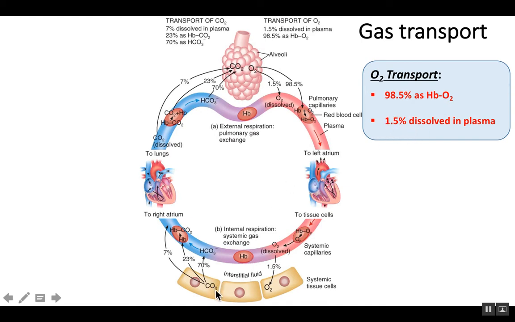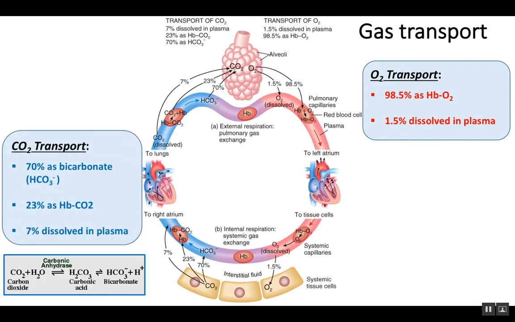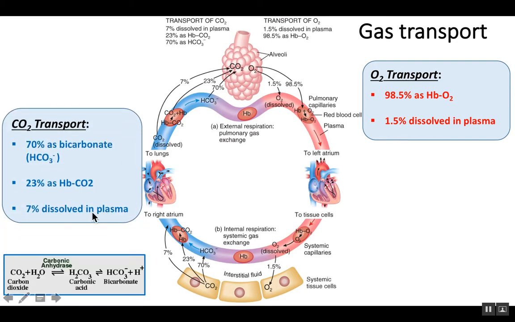Carbon dioxide, produced as a byproduct of aerobic cellular respiration, is a little bit different. A small amount of it is dissolved in plasma, but yet more than oxygen. So 7% of carbon dioxide dissolves in the plasma. 23% attaches to hemoglobin, but it's a little different.